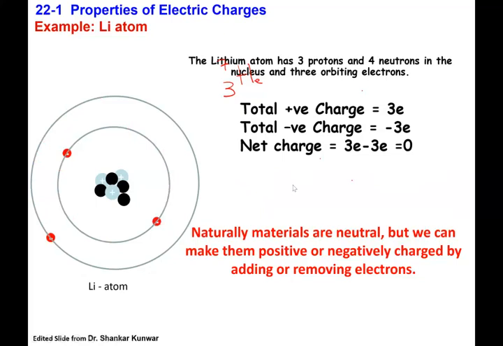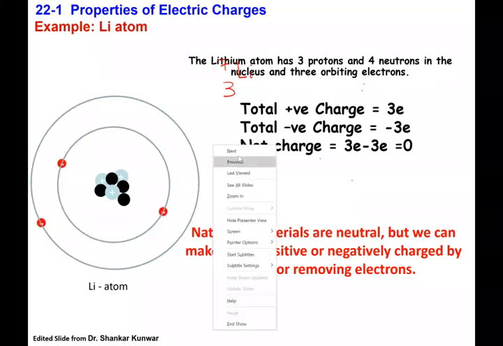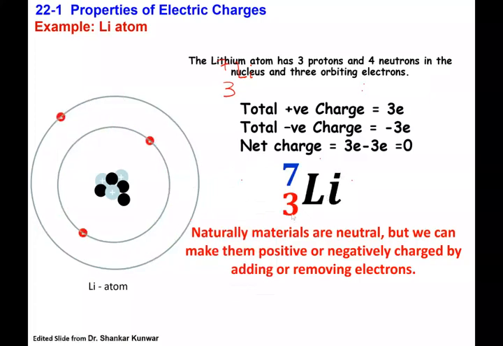The net charge of this helium, lithium, did I say lithium? It should be lithium, not helium, sorry. Lithium, so we should write it as lithium 7, 3, not helium. And so this is a neutral atom with equal numbers of protons and electrons.